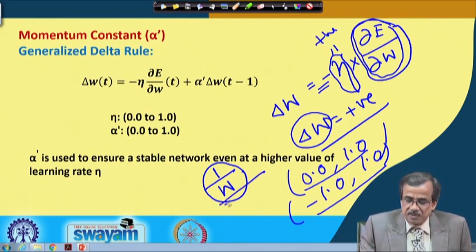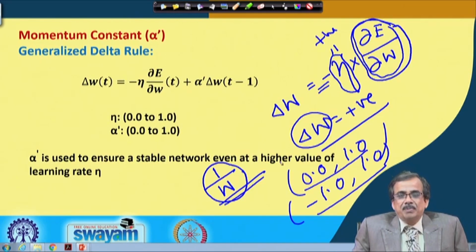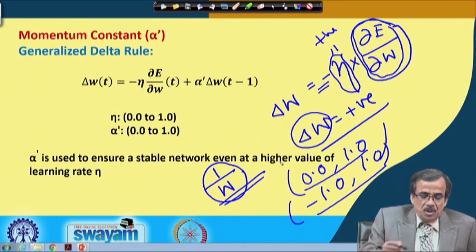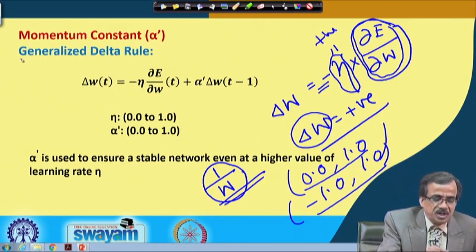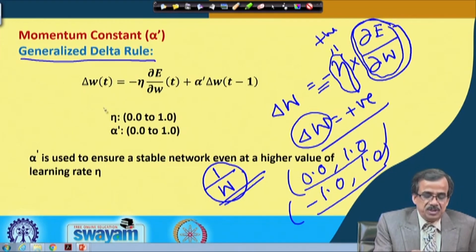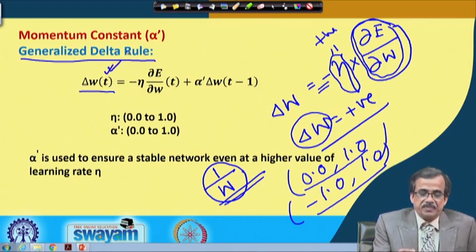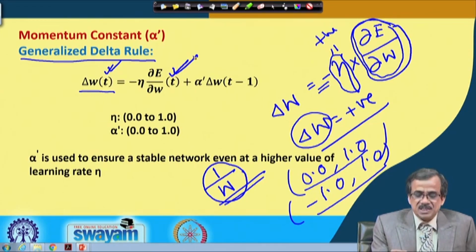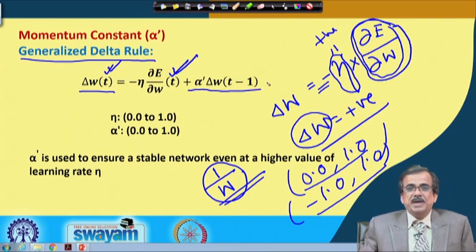Now, to overcome this problem, so that W does not become greater than 1, we use the generalized delta rule, and that is nothing but delta W_t, where t indicates the t-th iteration, is equal to minus eta multiplied by the partial derivative of E with respect to W corresponding to the t-th iteration, plus alpha prime multiplied by delta W_(t-1).